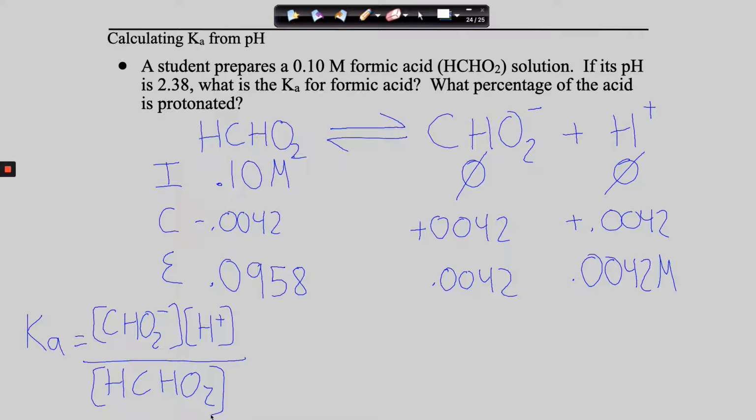I didn't write down the generic form for the Ka. You don't need Ka is H times A minus over HA. You can just set up the Ka expression that you particularly need.